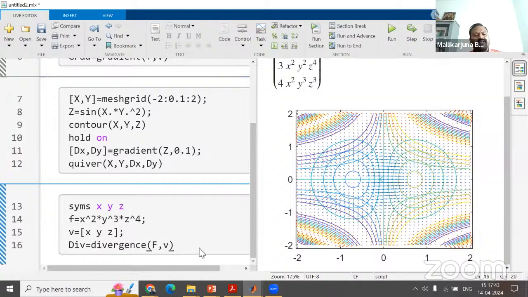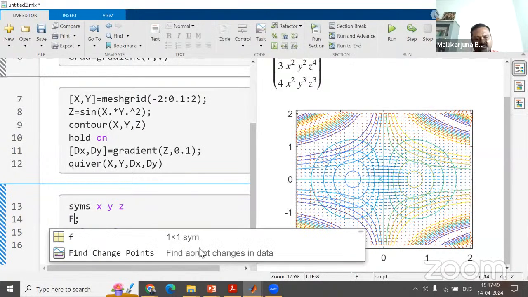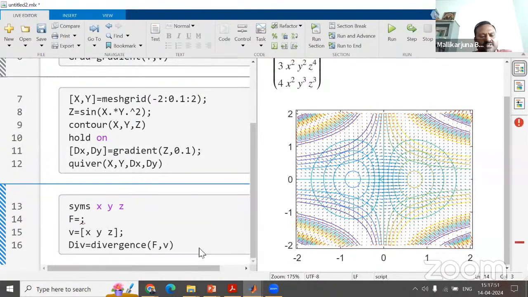Okay, now let us find the divergence. To find the divergence, we need to take the vector. The vector we take within the square brackets. We know the vector is also like a row matrix. You can write in terms of the row matrix. So suppose x square into y, next x, y, z.